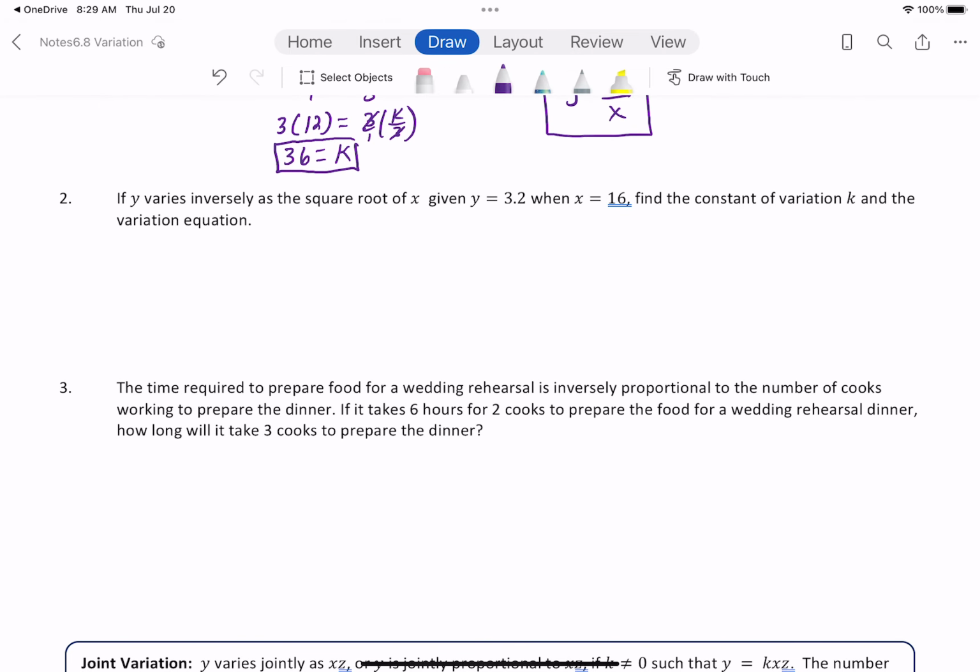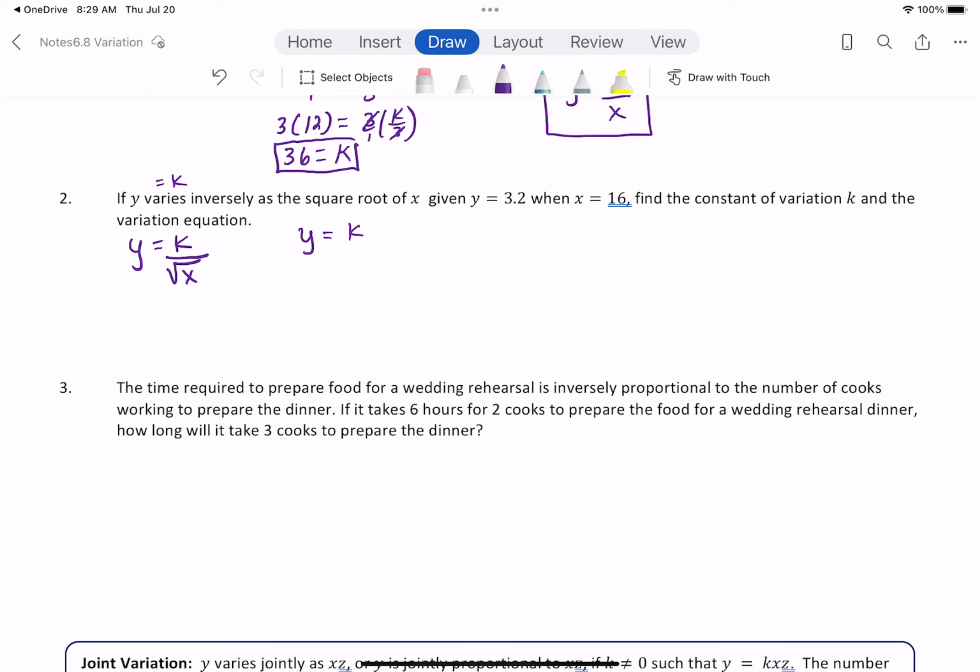All right, number 2 is very similar. I have y varies inversely. So y varies inversely means it's going to go to the denominator. What's varying inversely is the square root of x. So in the denominator, we'll put square root of x.